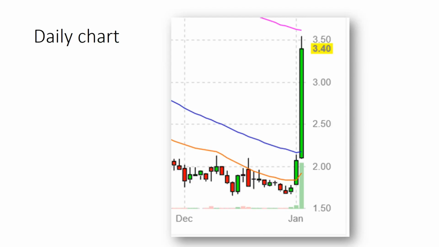And so when we zoom in to a closer time frame, you want to think of it as zooming in like you would on a microscope. So when you're zoomed out, we'll call the daily chart 1x. So when you're zoomed out to 1x, things are kind of a little fuzzy. You don't get a good idea of what's going on.